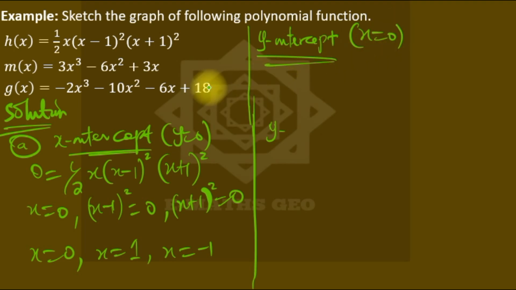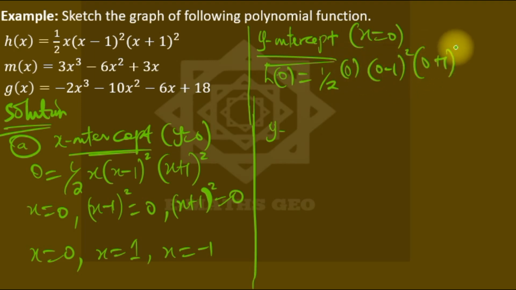Again, we now substitute 0. So we have one half times 0 times (0 minus 1) squared times (0 plus 1) squared. We notice that we'll have 0 because there is a 0 here. So our y-intercept is 0. So it will touch y at 0.